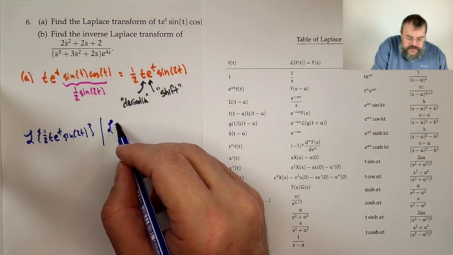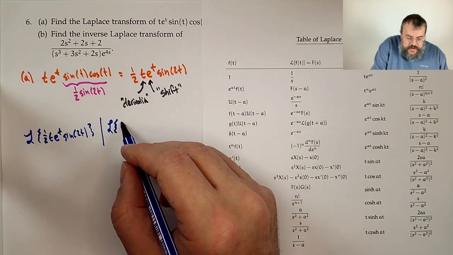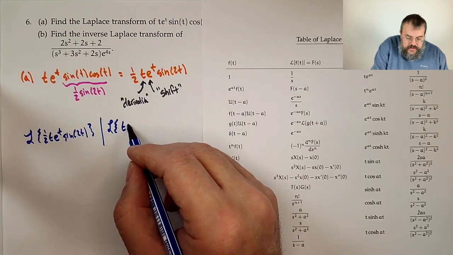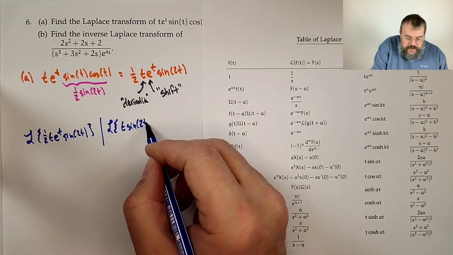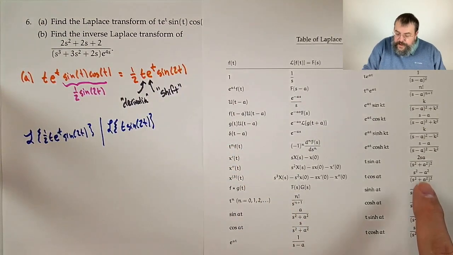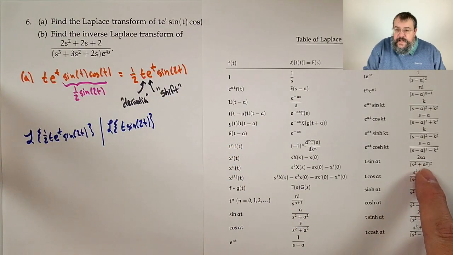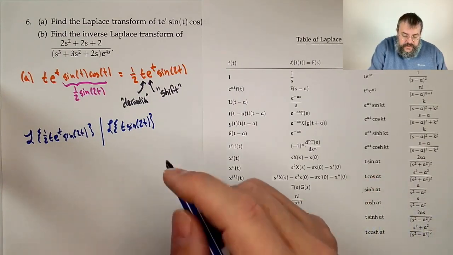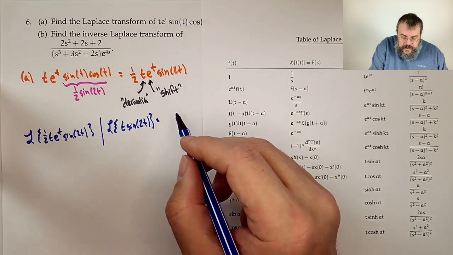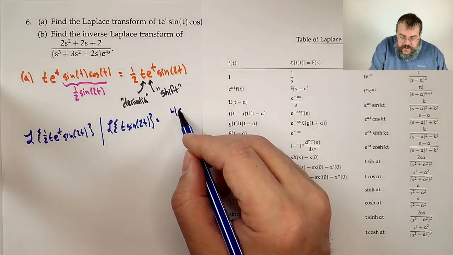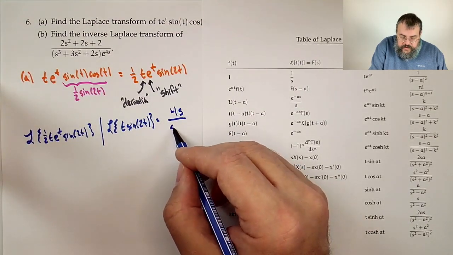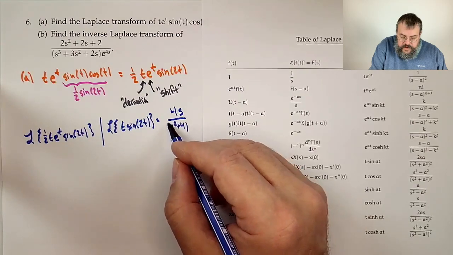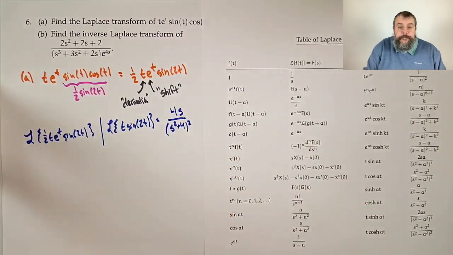The Laplace transform of just the t sine 2t, we'll handle that first. I'm just going to copy it. It's right there, and here a equals 2. So that would be equal to 4s over (s squared plus 4) quantity squared.